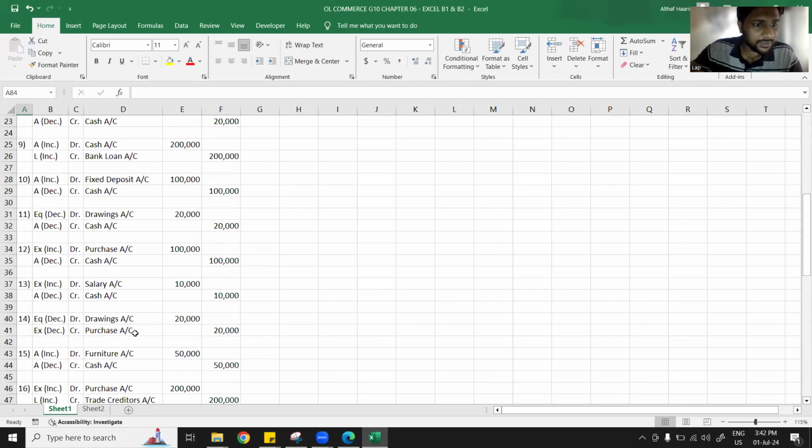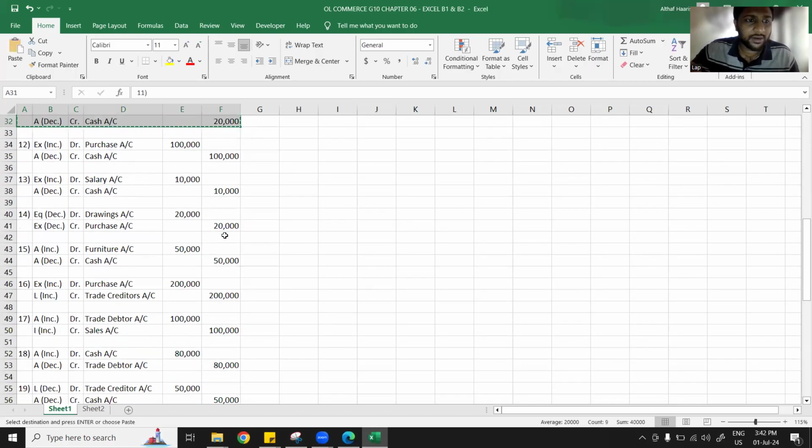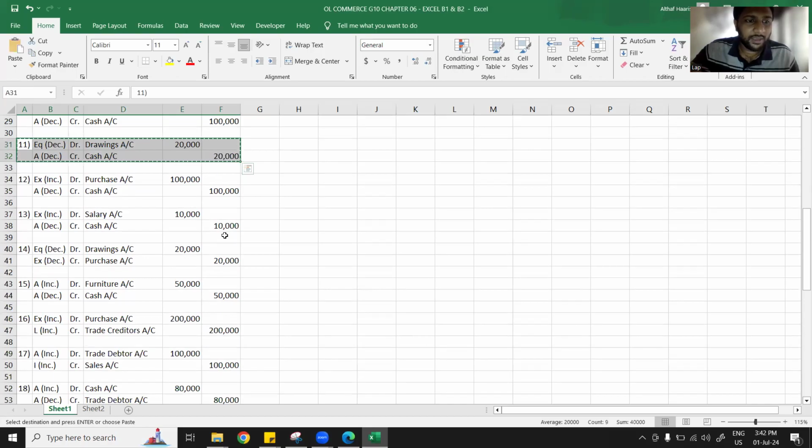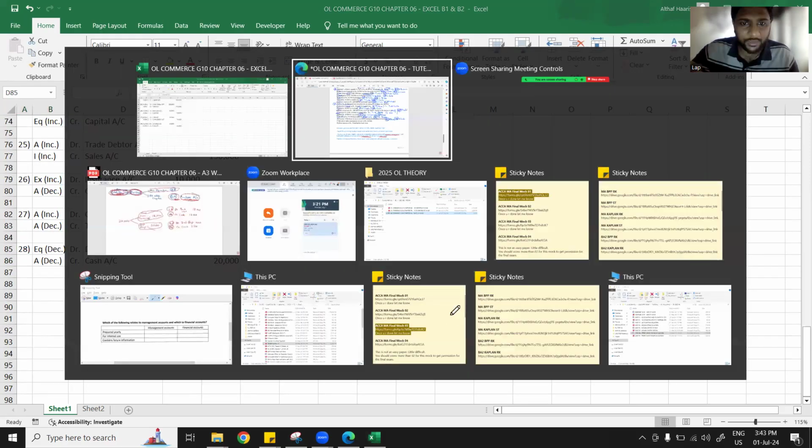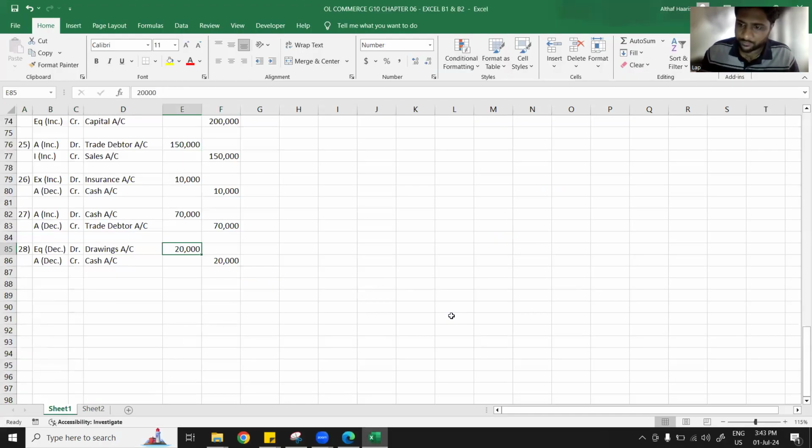I think we have a transaction like this here. See, transaction number 11 is similar to that. Debit drawings, credit cash. What is the value? 5,000. Debit drawings, credit cash, 5,000.